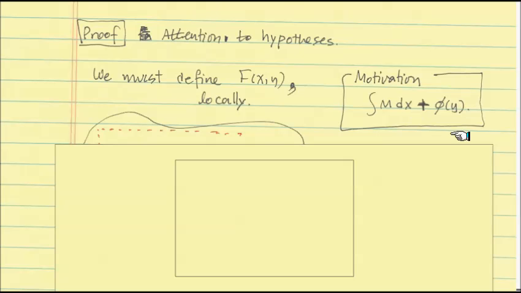And then you throw in the part that only depends on y, because this one differentiated with respect to x is definitely just M, no matter what this one is, as long as it is in y. So that's our candidate, and then you differentiate this part with respect to y, that part with respect to y, and compare that one with N, and figure out what this one has to be. That's usually how it goes.